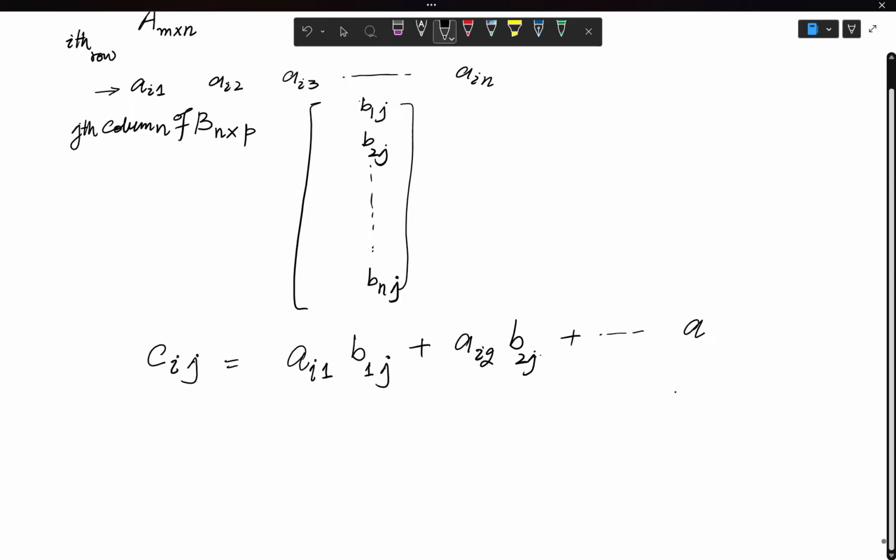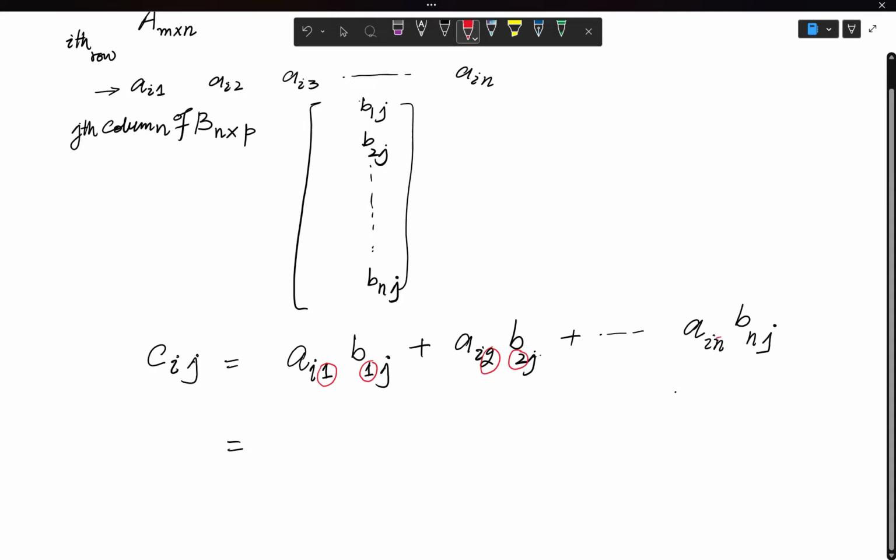The last entry in the ith row of A will be AIn, and there will be Bnj.